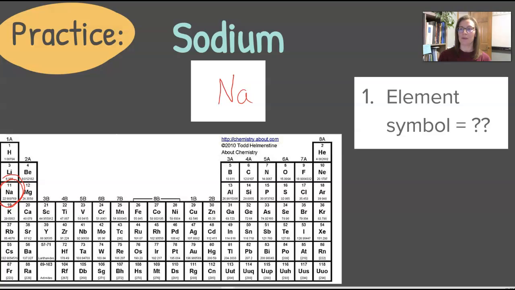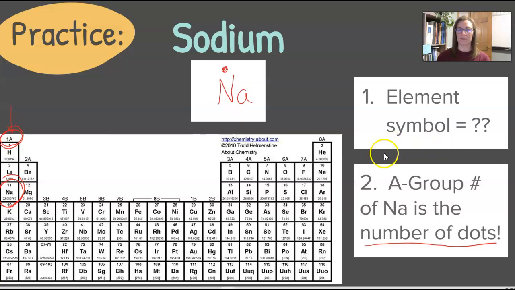The group number tells us the number of valence electrons, so how many dots to use. And there's only 1 dot to add because it's group 1A. So that's sodium. Every element in that first column would have the same dot diagram. It would have a different element symbol, but they would all have 1 dot.